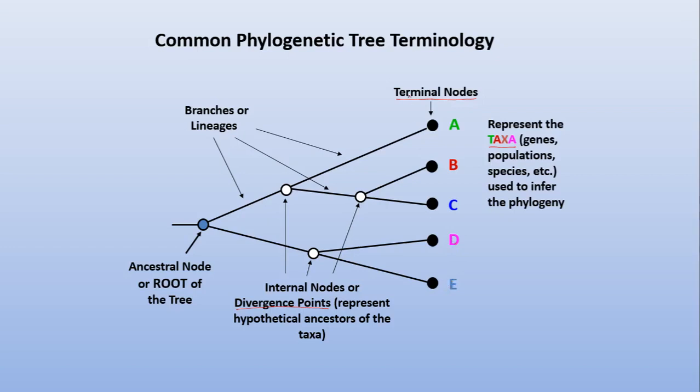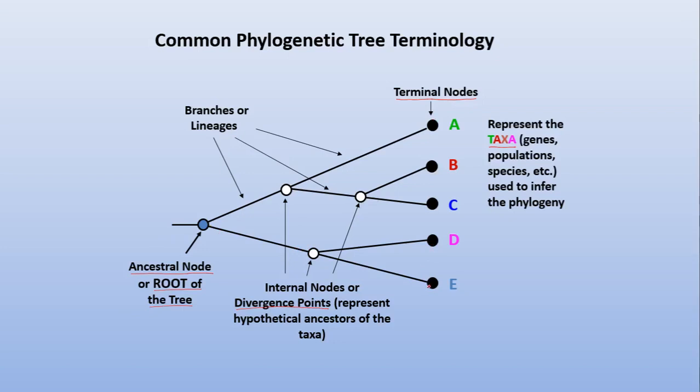So besides these terminal nodes and the internal nodes, if the tree is rooted, we have something called the ancestral node, or the root of the tree. Okay, so these are different nodes that are present in your phylogenetic tree.